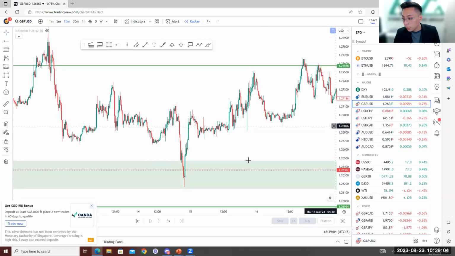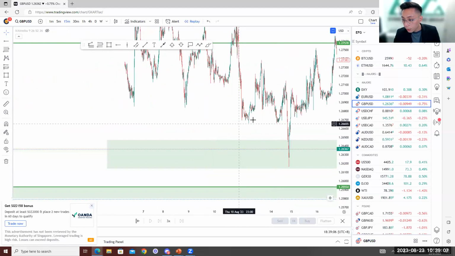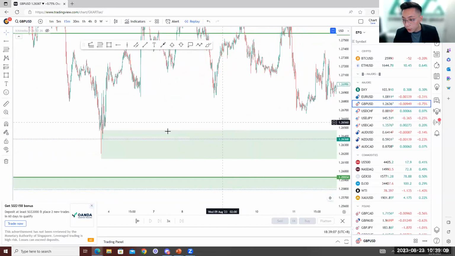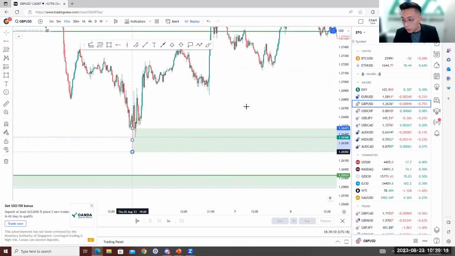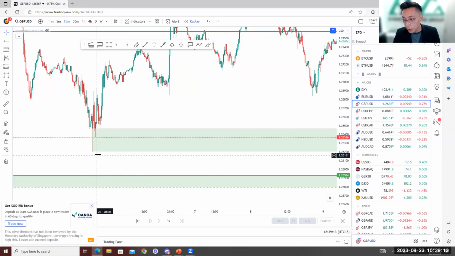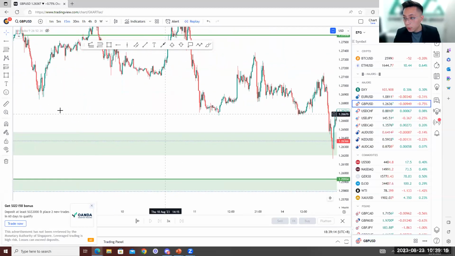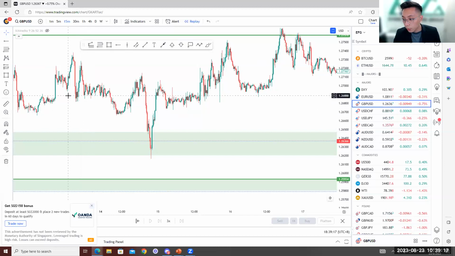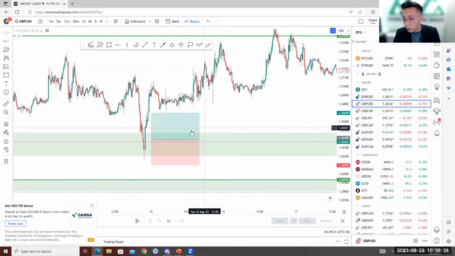okay, if you guys can see, right? So let's say I drew out the resistance zone right here, like this area whereby it wicked out, right? So what I'm looking at will be essentially a buy trade, right?